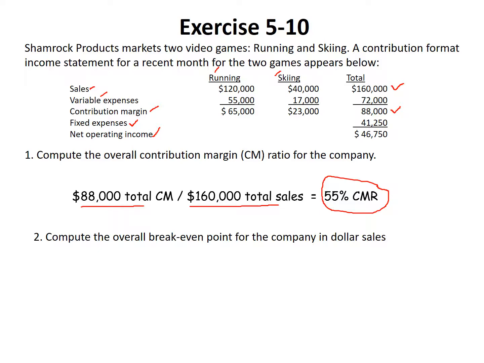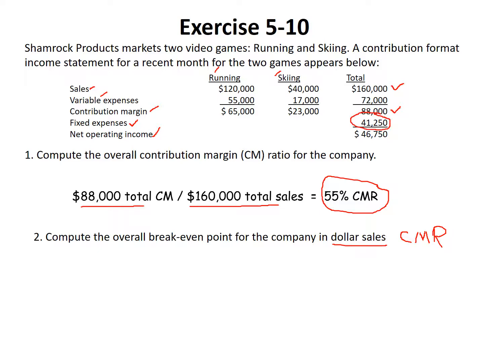Now we need to compute the overall break-even point for the company in dollar sales. Remember, in order to do a break-even point in sales, we're going to use contribution margin ratios. We've already calculated that for the total company. We also know our fixed expenses are $41,250.